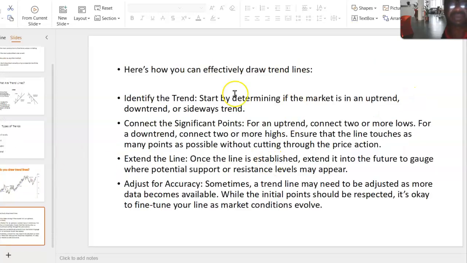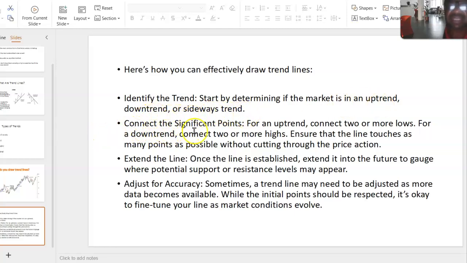Now, how can you effectively draw the trend line? Identify the trend first, using your top-down analysis. Then you mark your key support and resistance levels. Then you start by determining if the market is in an uptrend, downtrend or sideways trend.